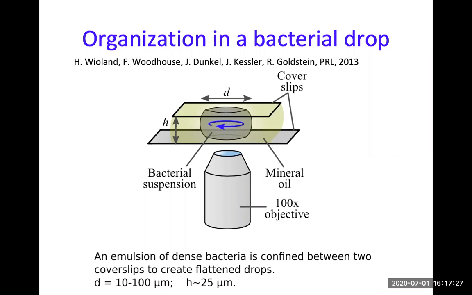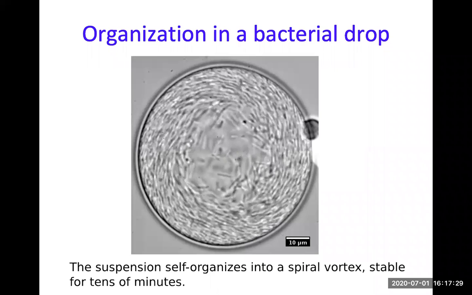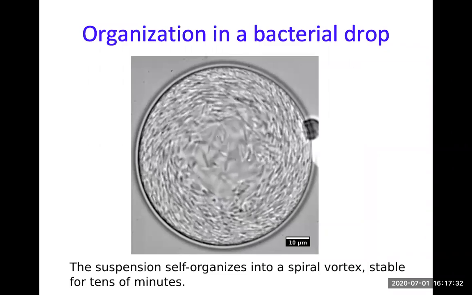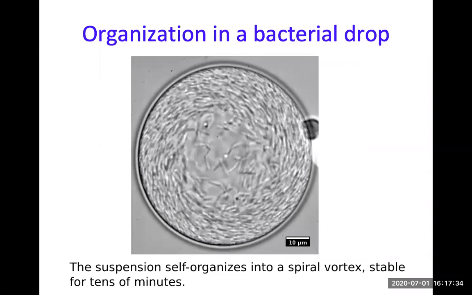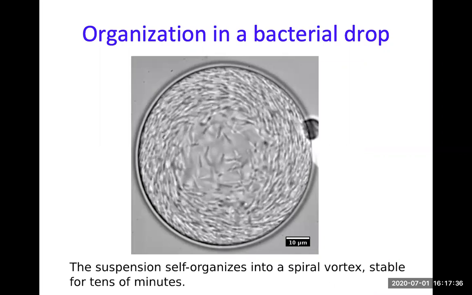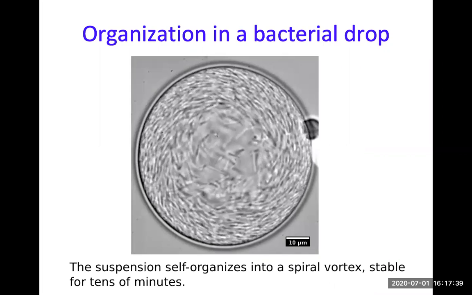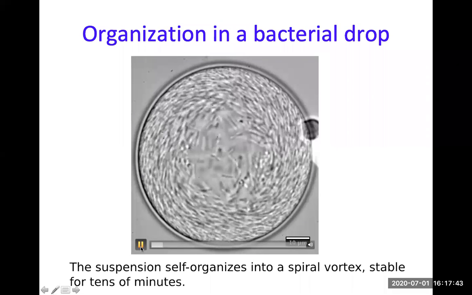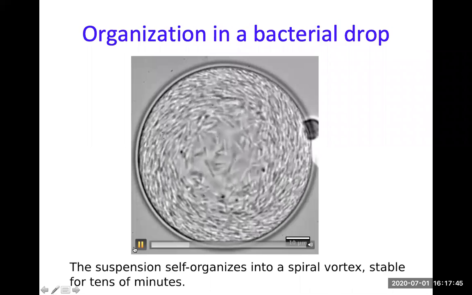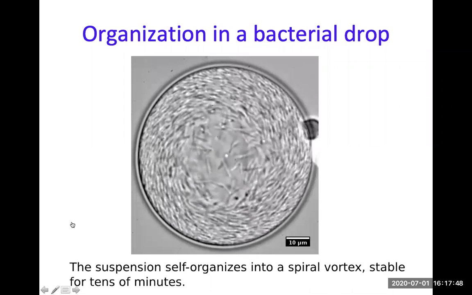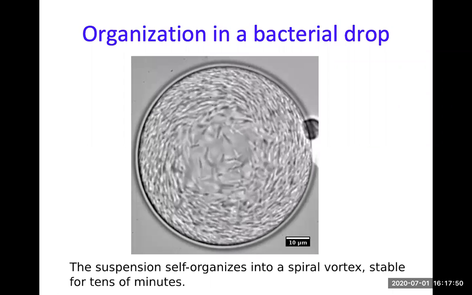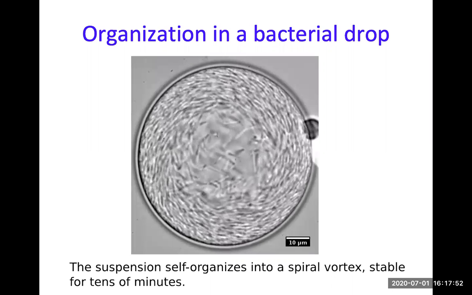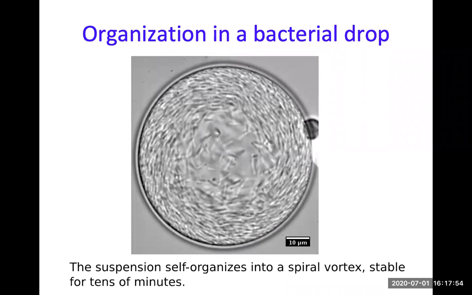What happens is that it self-organizes into a spiral vortex, which is stable for as long as there is oxygen for these bacteria. You can see a layer moving in one direction near the corner, and the middle moving in the opposite direction. One thing you'll notice is that it's difficult to visualize the flagella, so it's difficult to tell where the flagellum is with respect to the cell body. Essentially, the direction of swimming is not obvious.